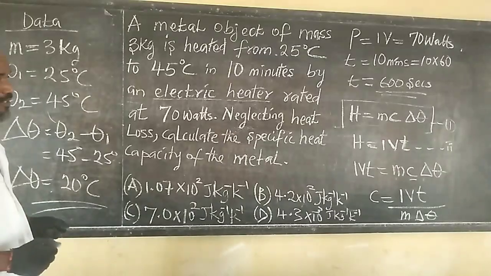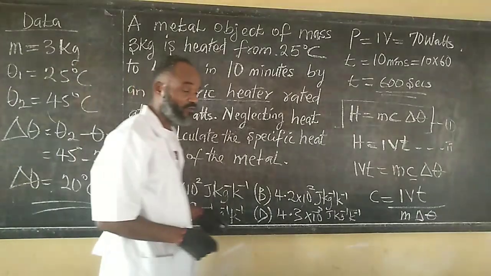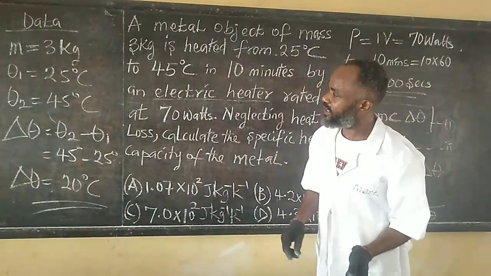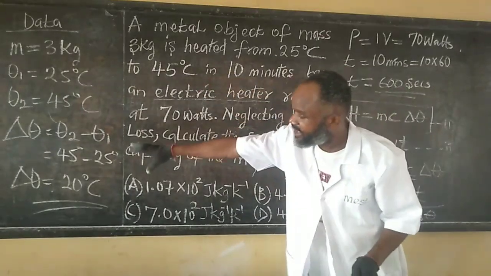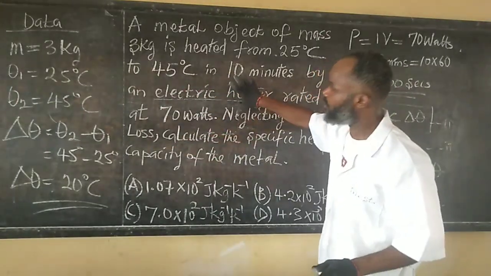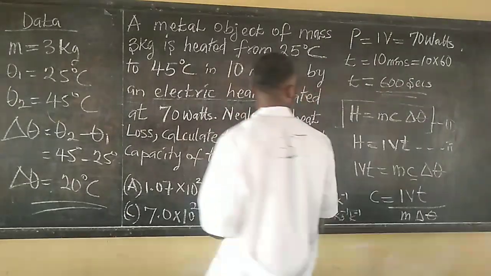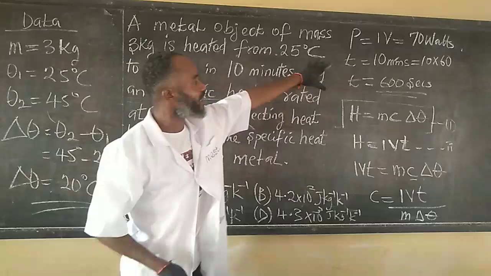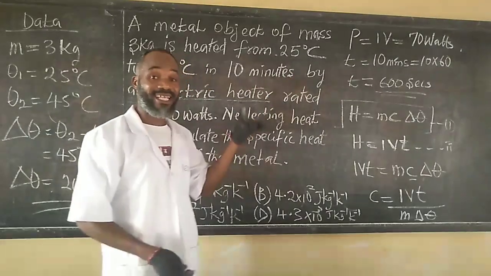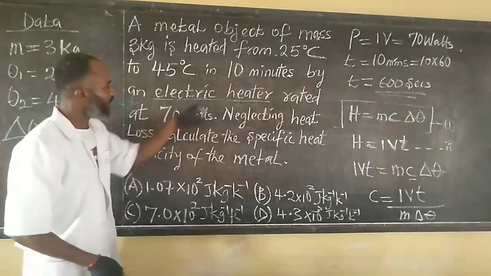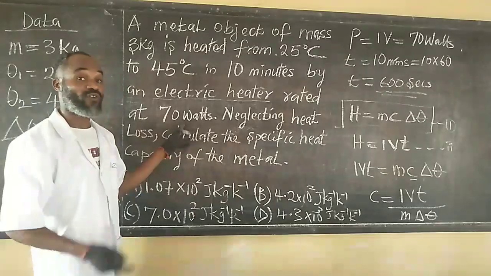Just check out what I have outlined. Can you see? Our data is clear. Data is the information contained in the question, and it's very clear. And then we consider that the power or heat is from the electric heater, which is equivalent to the power.